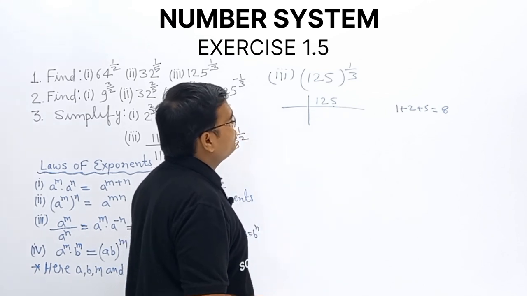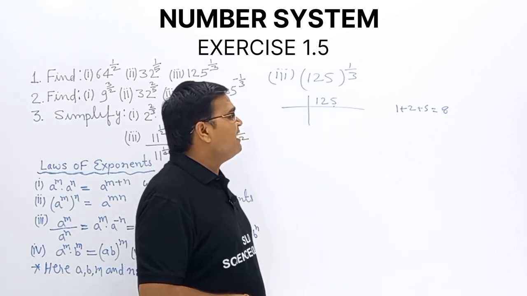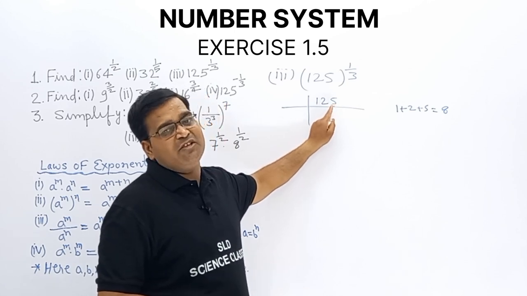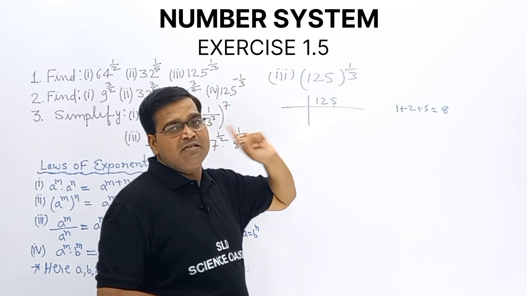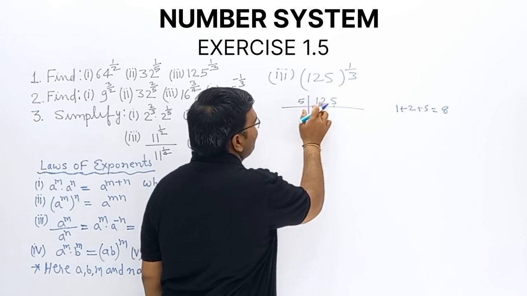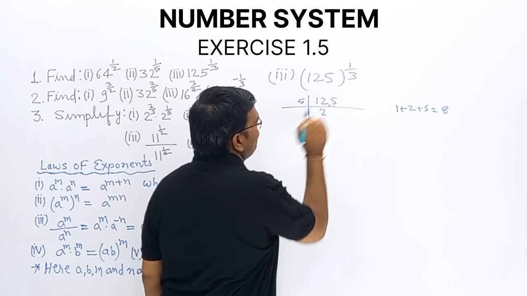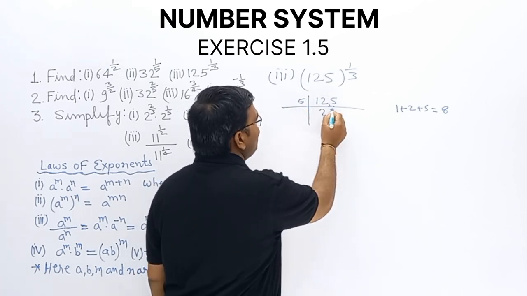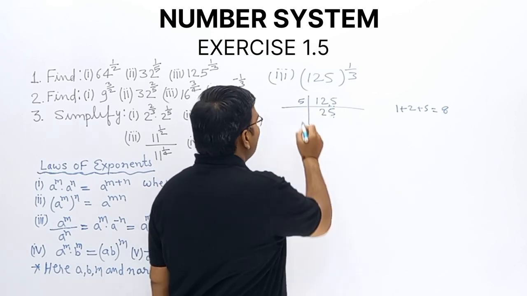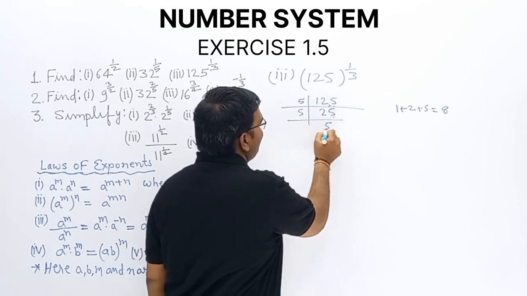So we will use the next prime number. The next prime number is 5. Now it is having 5 in the unit place, so we can divide easily by 5. So I am using 5 there. How many times is it going? 25 times. Now 25, again 5. We will use 5 there. How many times? 5 times.